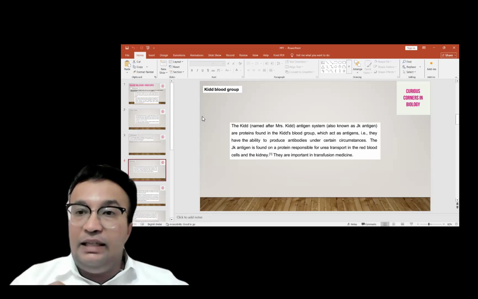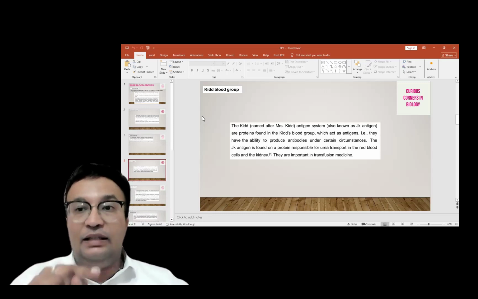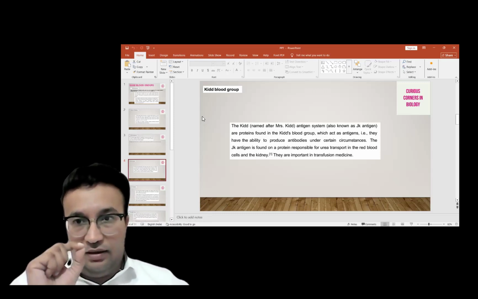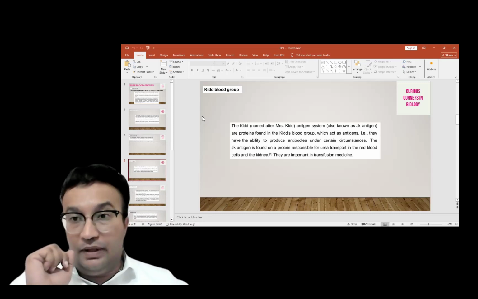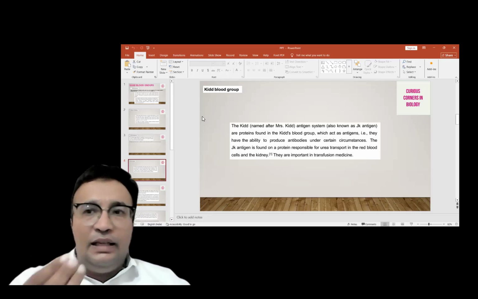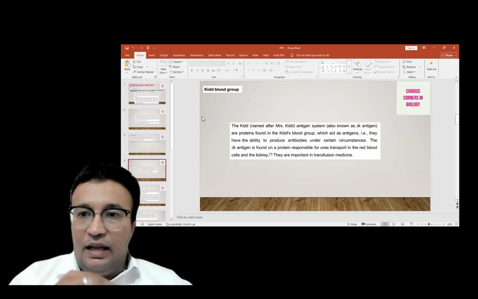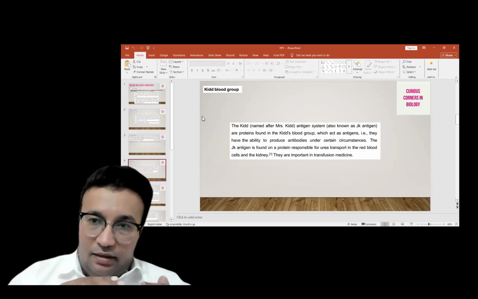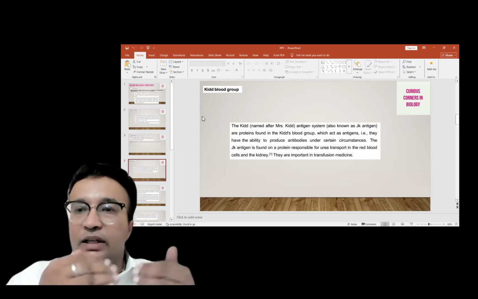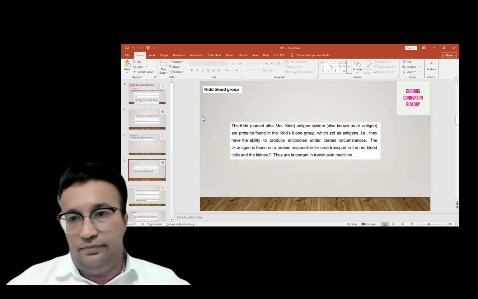Now, if this antigen is absent, that is in KID null blood group, then there is less ability of the kidney to concentrate urea in the urine.